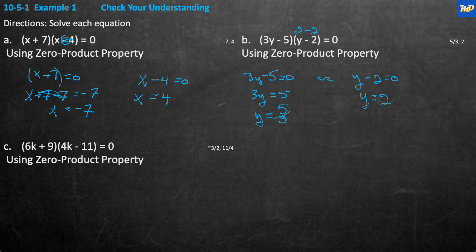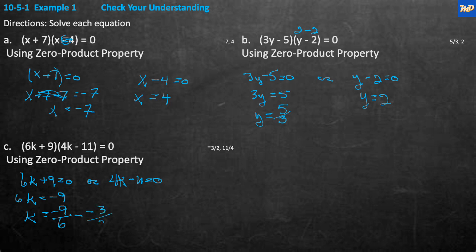Okay? Finally, at the end, 6k plus 9 equals 0, or 4k minus 11 equals 0. Solving the first one, we have 6k equals negative 9, and then we have k is equal to negative 9 divided by 6, and we could say that that is also negative 3 halves.